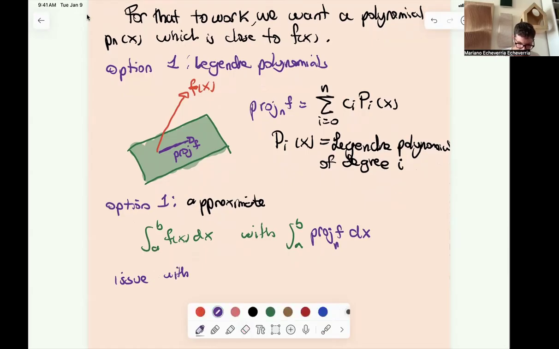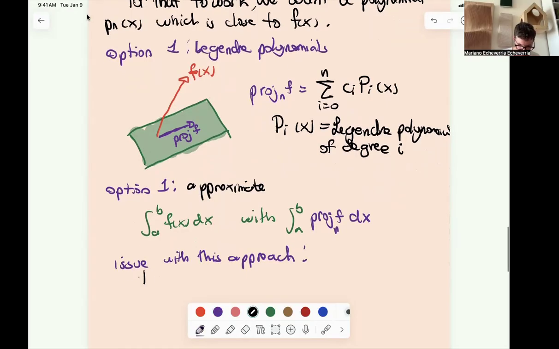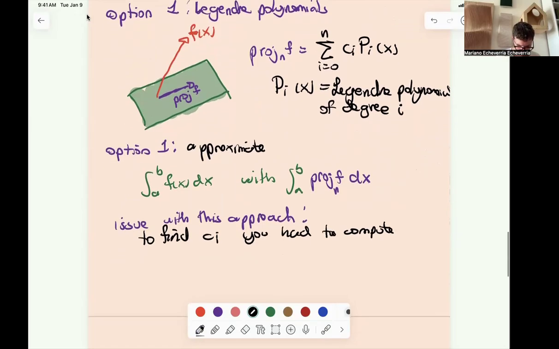is that to find the coefficients, if you remember, you had to find the c_i's. You had to compute some inner products, which were these integrals.